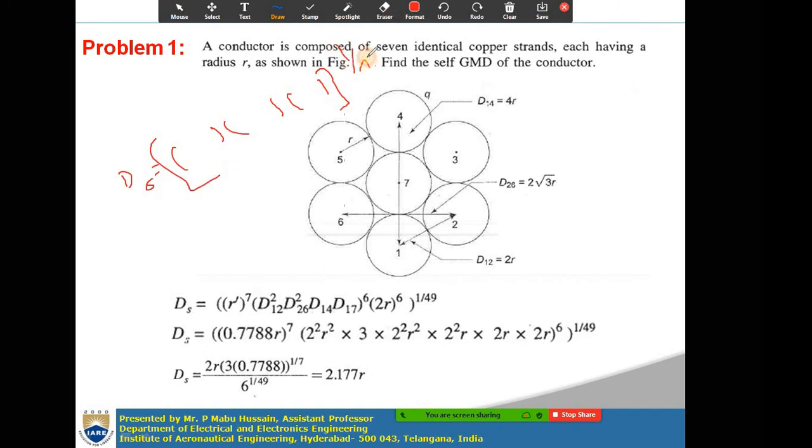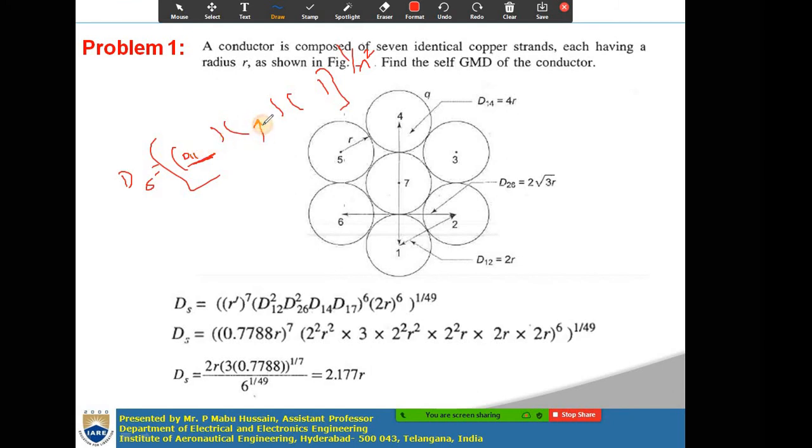That n is the number of strands in that particular conductor, and this product is the distance calculated by considering each strand, all the distances along with the self distance. If you consider the first conductor, D11, D12, D13, as many as there are in that conductor, you have to represent up to that. As there are 7 here, D11, D12, D13 up to D17, like that you have to write.